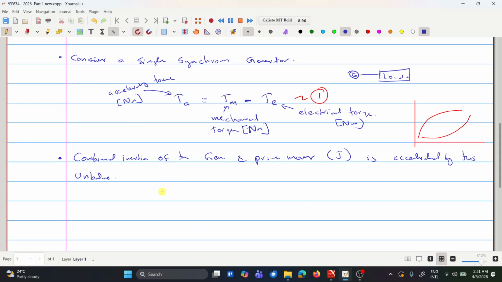So you can write that the combined moment of inertia J times the rate of change of the mechanical speed, that is the acceleration, is equal to the accelerating torque, that is Tm minus Te.